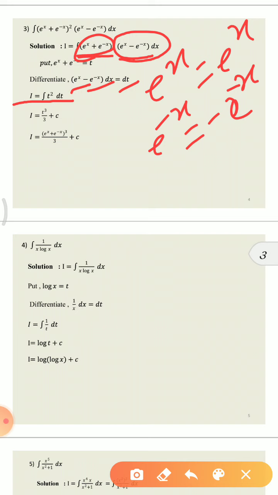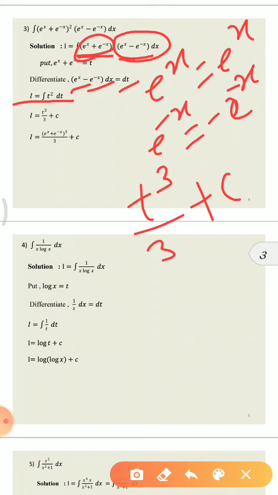And then we have to find the integration of t square, applying the x raised to n formula, x raised to n plus 1 upon n plus 1, that is t raised to 2 plus 1, that is 3 upon 3 plus c, and then we have to substitute the value of t is equal to e raised to x plus e raised to minus x, bracket cube upon 3 plus c.